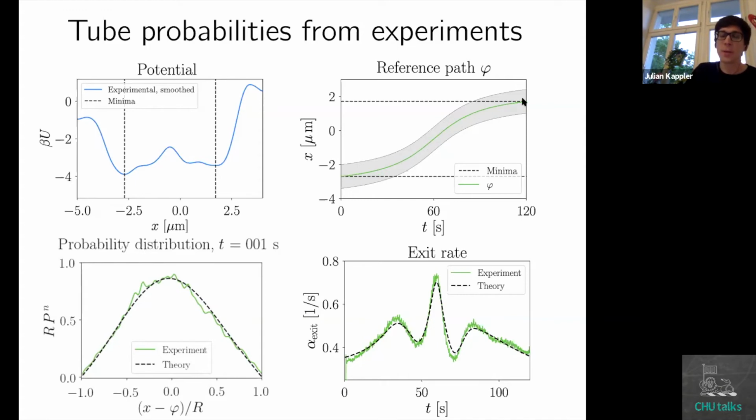And from this probability, we could get the exit rate for this finite radius. As you can see, the green line is the experimental exit rate from this tube, and the black dashed line is the theory. And you see that our theory describes the experimentally observed probability to stay in the tube quite well.